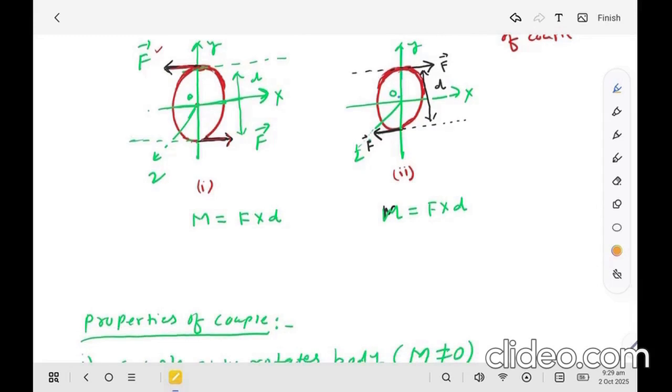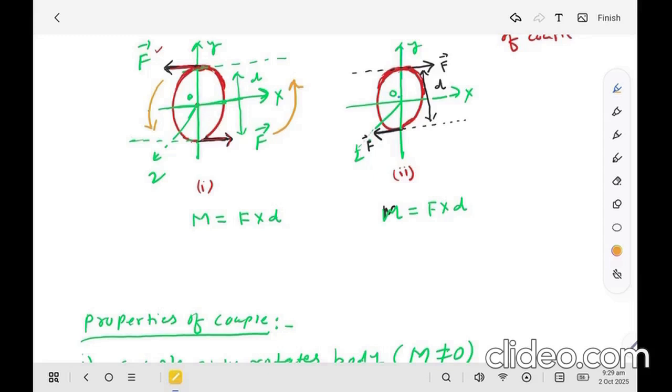If you look at this couple, it has a tendency to rotate this object in this way.